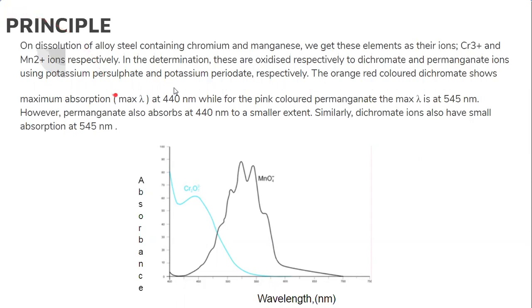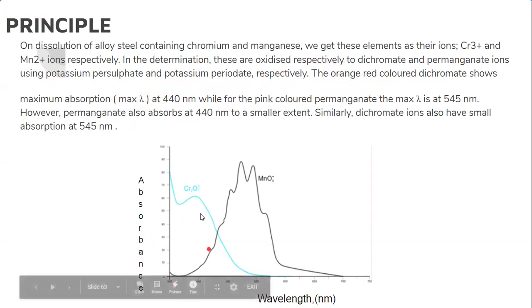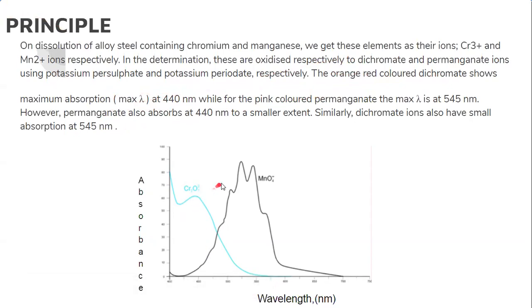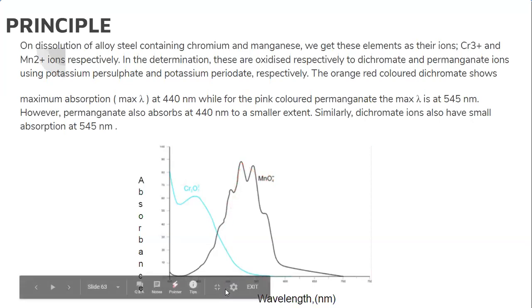These colors show maximum absorbance at particular wavelengths. The orange red color shows the maximum absorbance at 440 nanometers. This is the graph experimentally obtained, and this is the maximum absorption of MnO4 minus at 545 nanometers. At the same time, we need to notice one point: this manganese shows the maximum absorption at 545 nanometers and also shows absorption at 440 nanometers.